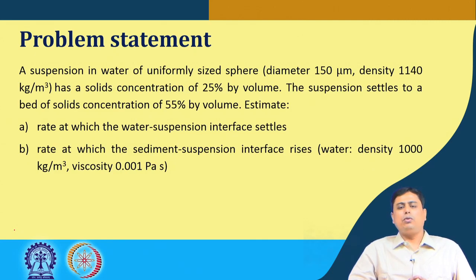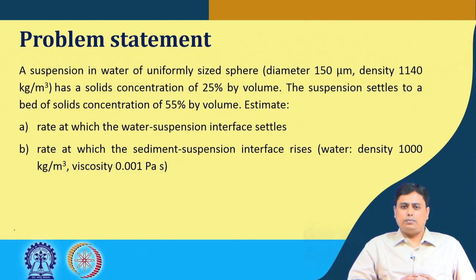If you remember the last class, there was a clear liquid zone at the end of an experiment, which we mentioned as zone A, and a sedimentation zone with a clear interface between the clear liquid and the sedimented part, say zone S. Here the initial concentration of the suspension and the sedimentation concentration are provided.